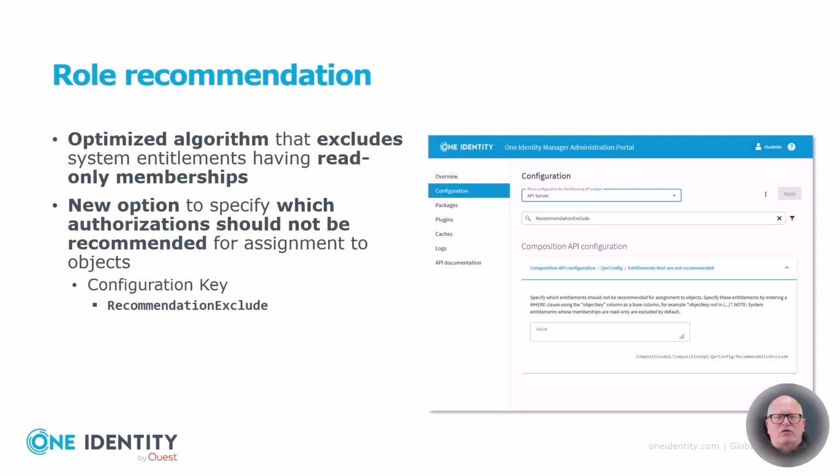As we all know, the role recommendations feature is just to recommend which role could be assigned in difference or as an option to direct assignments. However, this type of role recommendation is at the end just suggesting each role that the system can find, even if there is, for example, a read-only membership or something else assigned. With the new optimization, read-only memberships are now automatically excluded.